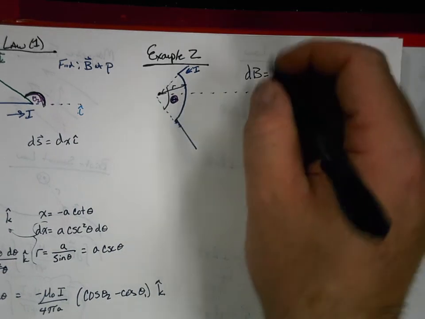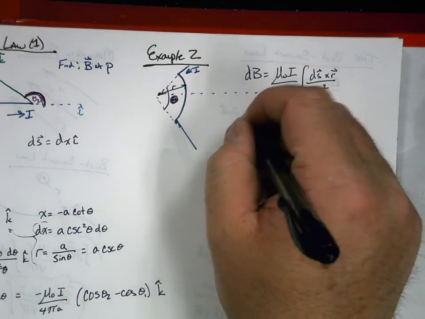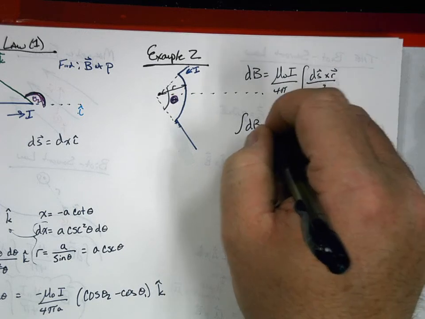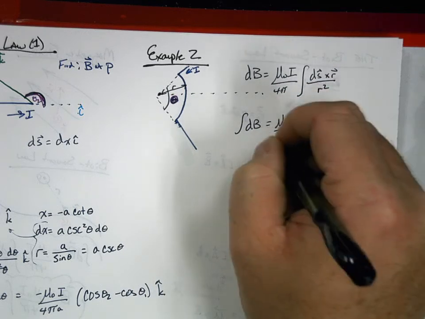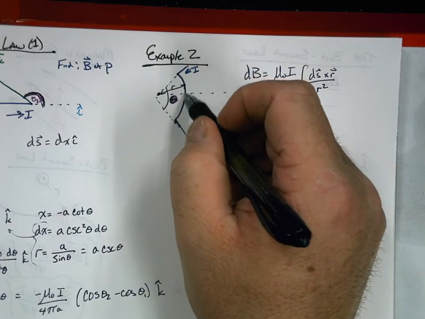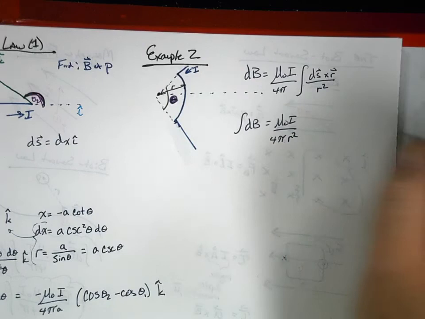Well, we're going to integrate this. We're going to get integral of dB equals mu naught I over 4 pi, but because this is a curved wire with a constant radius, r squared is constant, and we can just pull that right out.